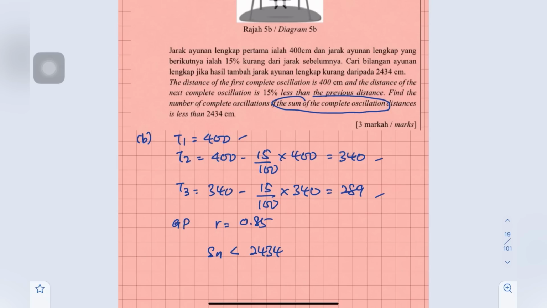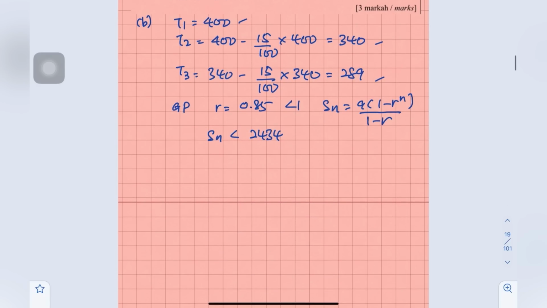This is a geometric progression with R less than 1, so Sn is A times (1 minus R to the power of n) over 1 minus R. We substitute into the equation: A is 400, so 400 times (1 minus 0.85 to the power of n) divided by (1 minus 0.85) is less than 2434.